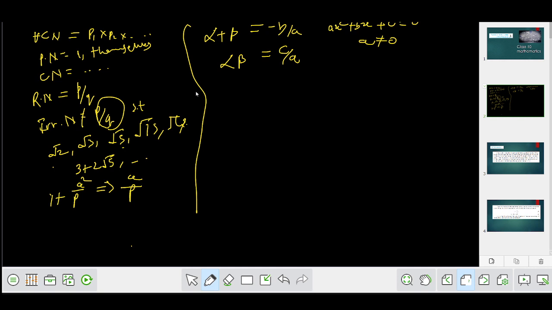Then we have explored the relationship between the coefficients of a polynomial and its zeros.